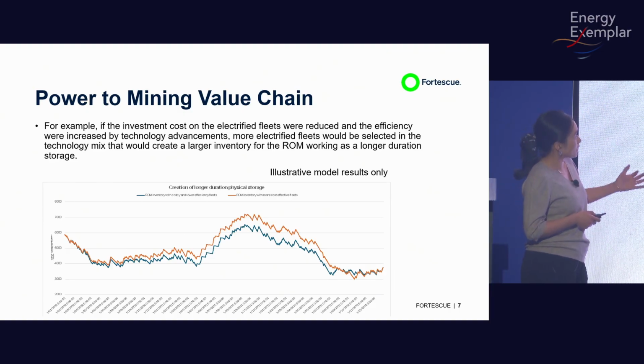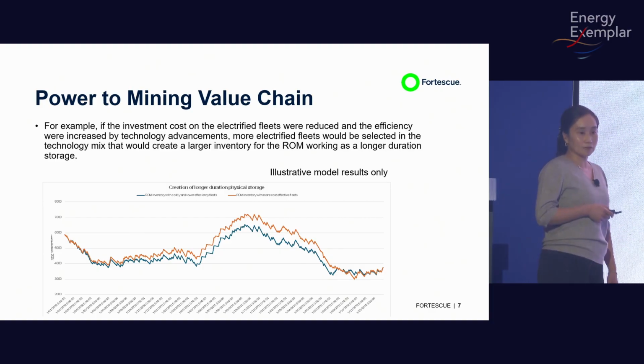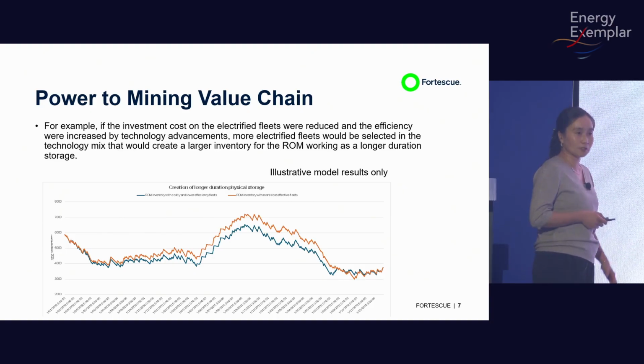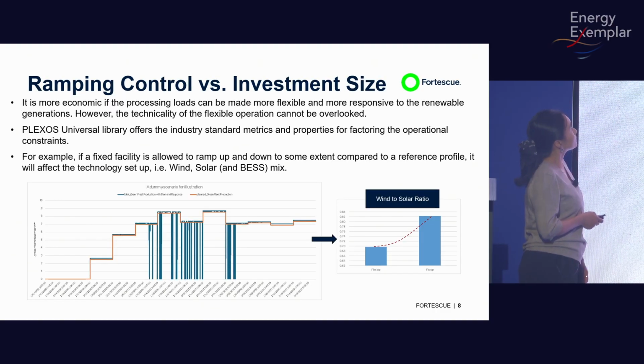If the cost is going down and the efficiency can be improved, then literally that creates a long duration storage, and as a result, it can reduce the investment in power assets and battery storage. So it's basically system co-optimization. Every part has its potential opportunity.